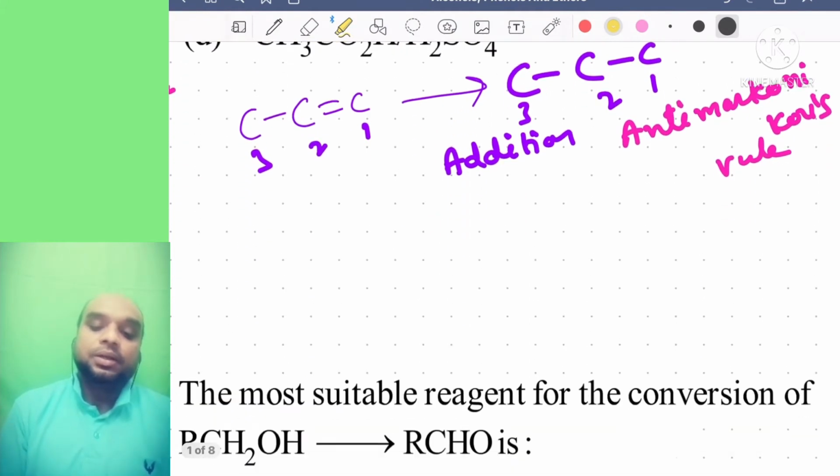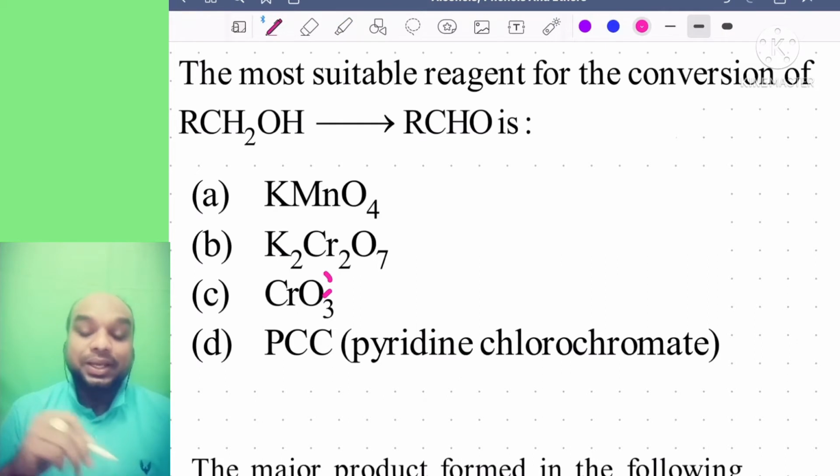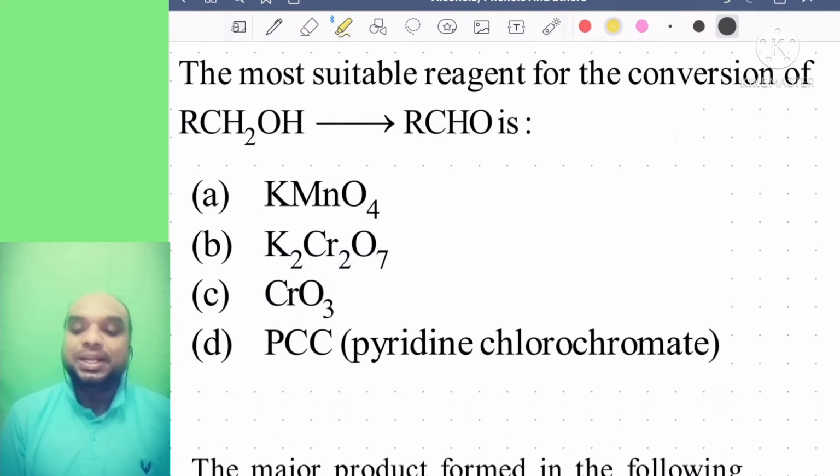Next: the most suitable reagent for the conversion of ethyl alcohol to aldehyde. They ask for the most suitable one. In some cases NCERT gives anhydrous chromium trioxide, but the most suitable choice is PCC, pyridinium chlorochromate.